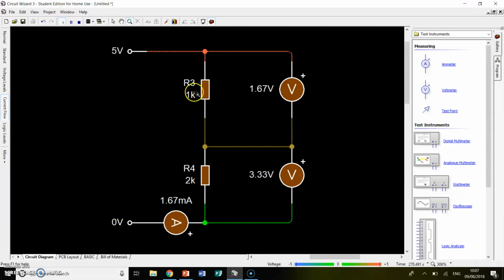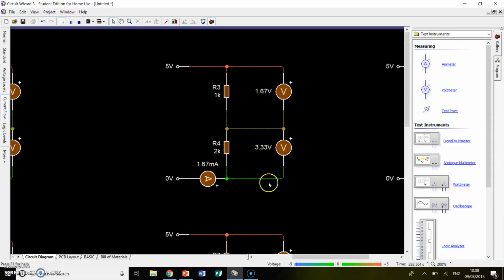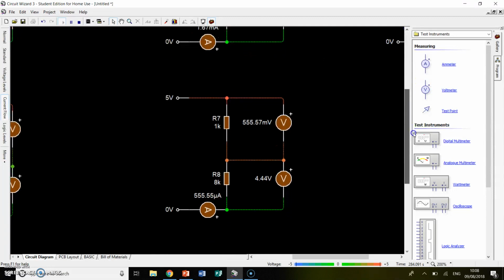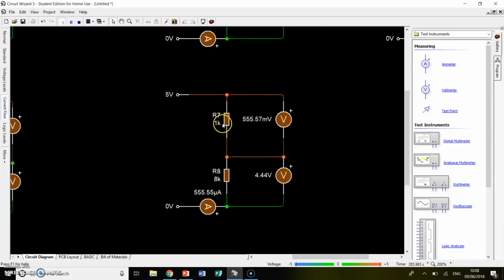Looking at this circuit, we've now got a 1K resistor at the top, 2K at the bottom. Once again, the 1K is half the size of this. Therefore, the voltage across it is half the size. Now if we really want to look at it, we've got a 1K to an 8K. We've got a tiny current going through now because we've got such a high resistance.